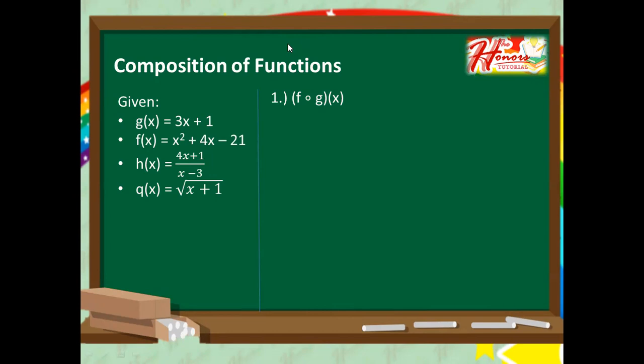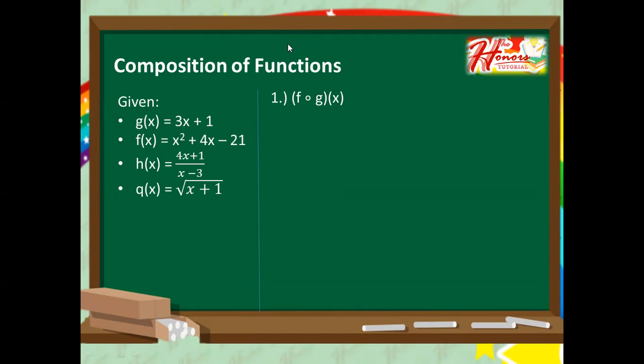Let's have the first one. G of x is equal to 3x plus 1. F of x is equal to x squared plus 4x minus 21. H of x is equal to 4x plus 1 over x minus 3. And Q of x is equal to the square root of x plus 1.